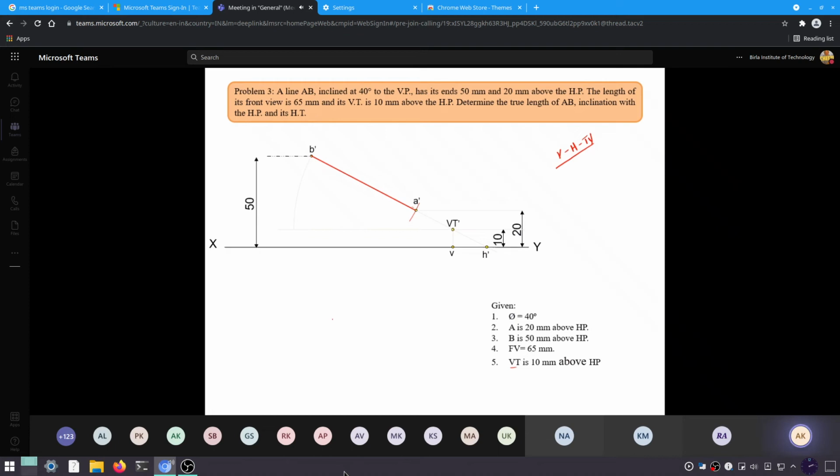Now we are going to find the true length and the top view. What we are doing is, instead of point A, we are taking VT as point A, and we are drawing an arc over here, taking VT as center.